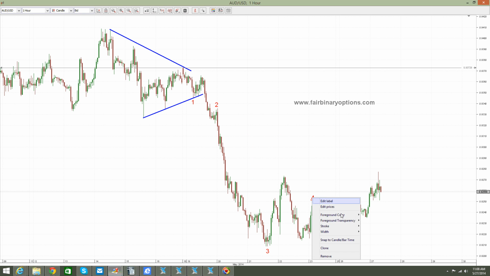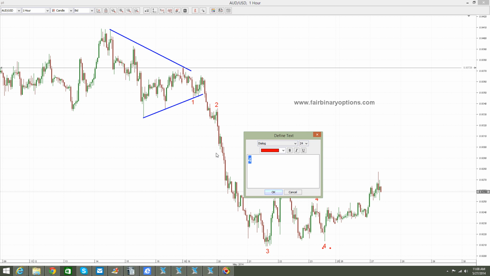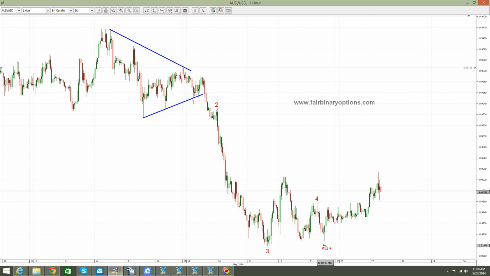And then of course the fifth wave to come from here all the way to the downside here. And there you go, just like that we have an impulsive move that fails to take the lows in the previous wave here, and this is being called an impulsive move with a fifth wave failure.